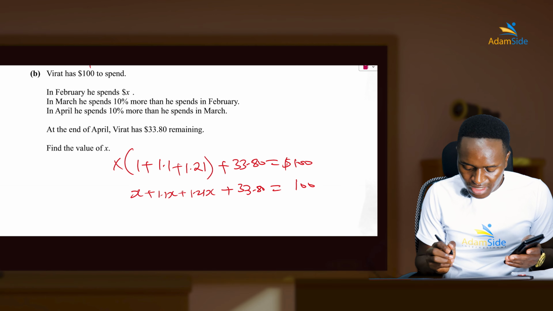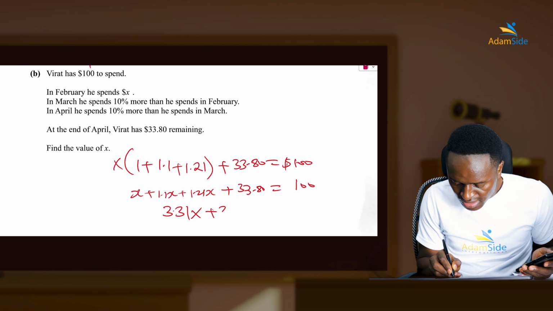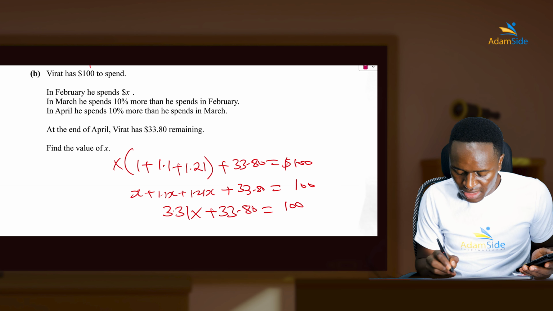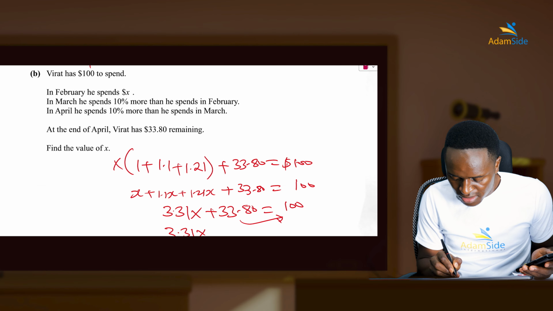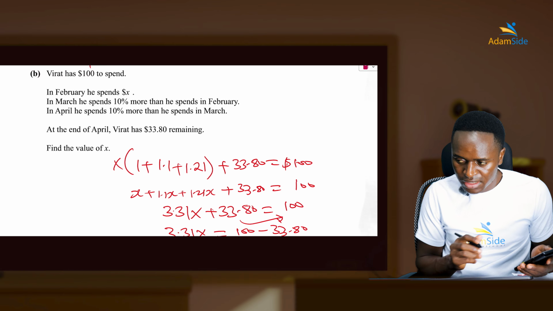You will get 3.31x plus 3.80 is equal to 100. Then you take the other side: 3.31x is equal to 100 minus 3.80. What do you get?